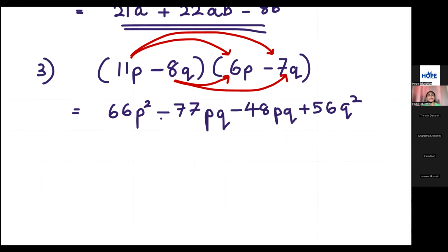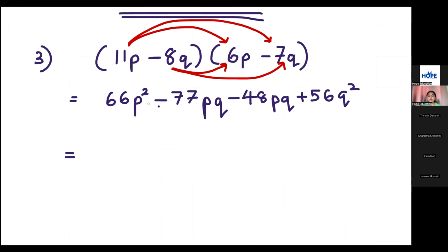Okay. Then p squared, this is the only one, so I will just write it as 66p squared. Minus, this pq, this pq. This is minus 77pq minus 48pq. Both are minus, since they have the same sign, I will add the numbers.